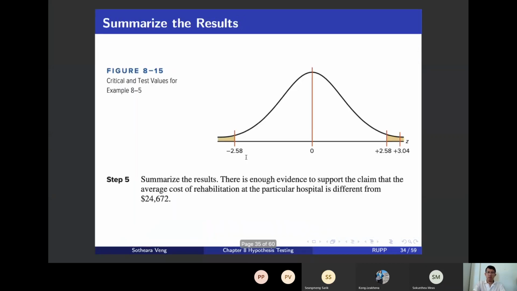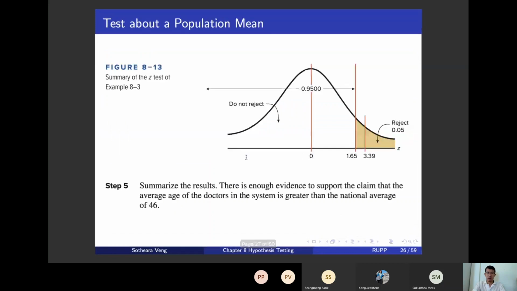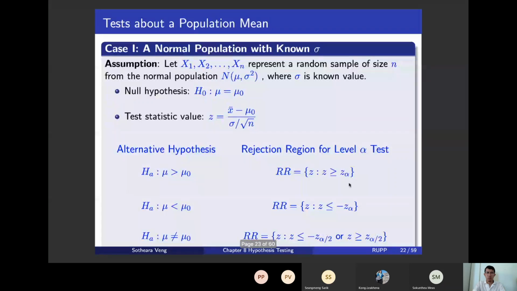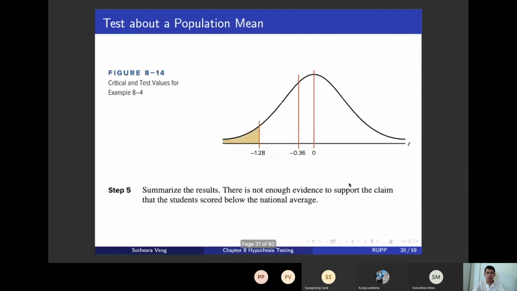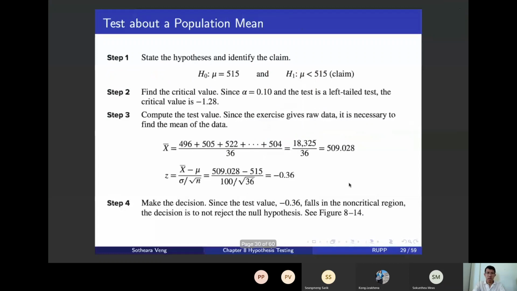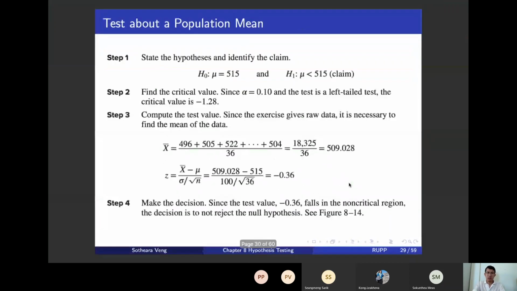And we also found this same thing: there's not enough evidence to support the claim. Oh, not this example. Okay, this is the second example, 7, right?